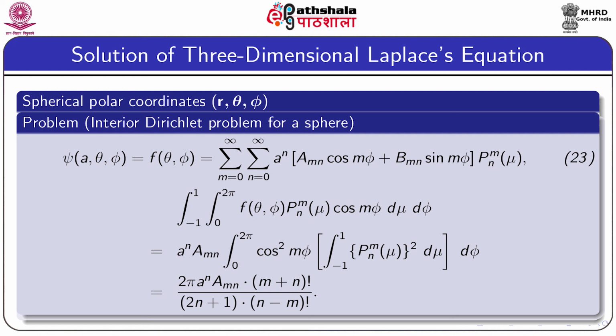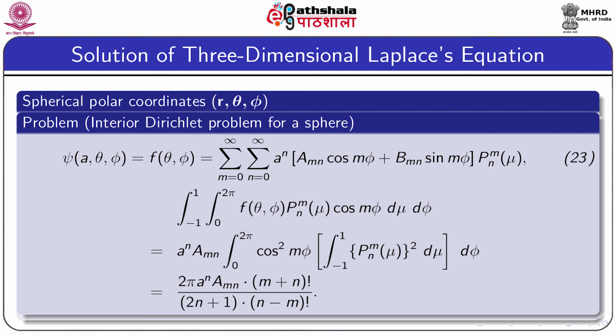Now, to find the values of A m n and B m n, you can see that this is a double series of Fourier and Legendre functions. So, to obtain A m n, you have to multiply this relation with cos m phi into P n m mu and then integrate over minus 1 to 1, 0 to 2 pi, then you get.